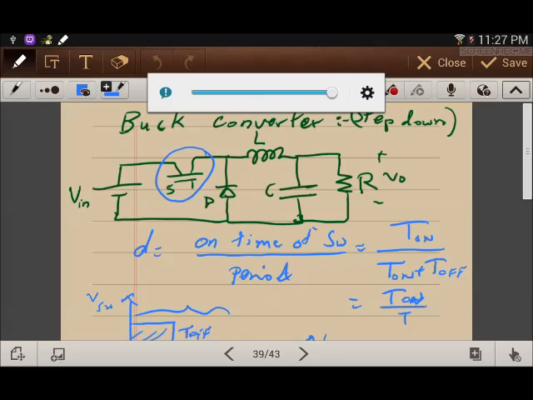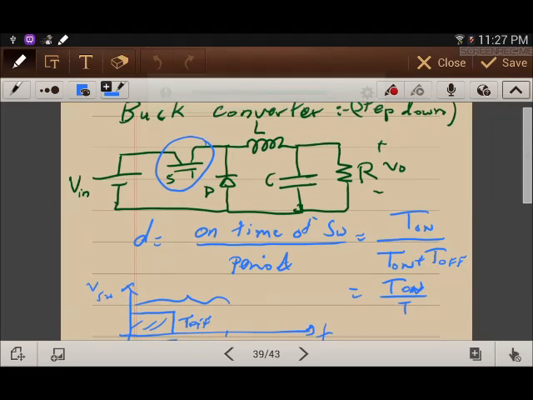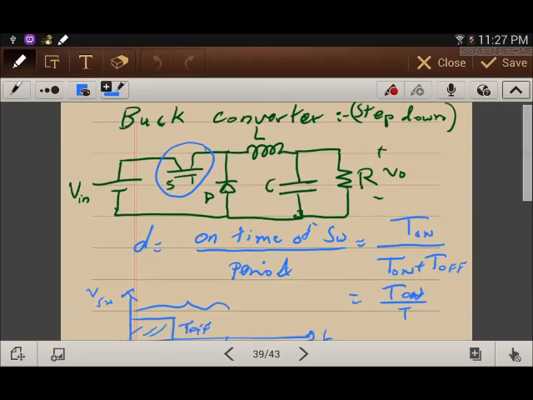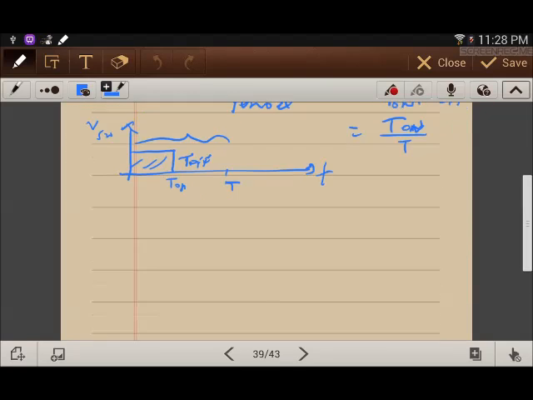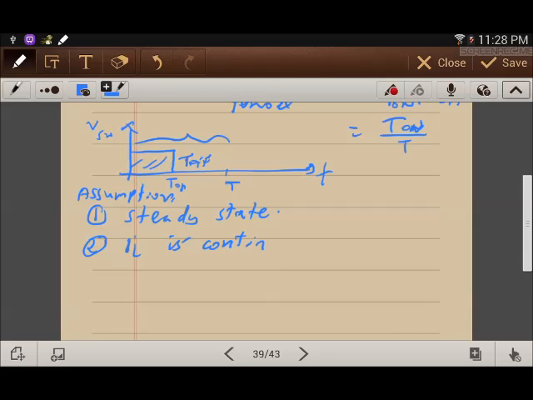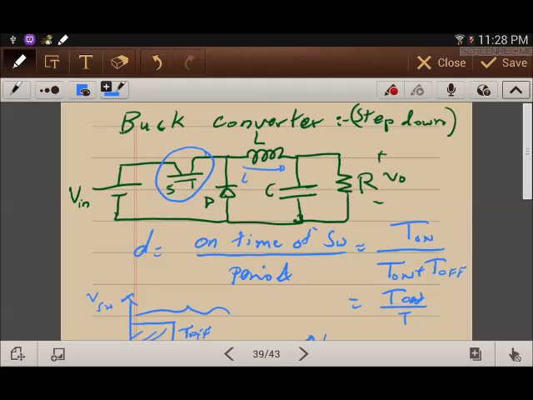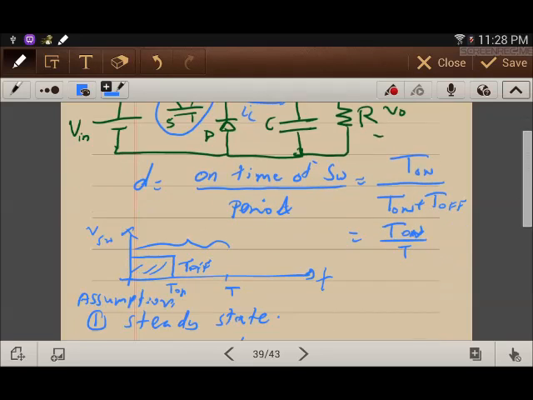Now for this converter, I will write some assumptions that will make the analysis of this circuit pretty easy. Assumption number one, that we are working in steady state. Number two, IL is continuous, meaning that the current that is flowing through the inductor here, IL, is continuous.